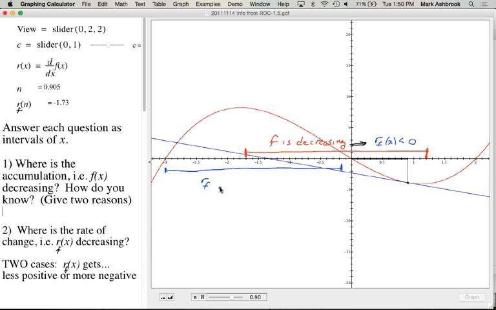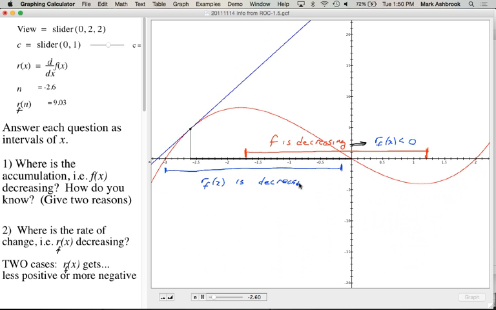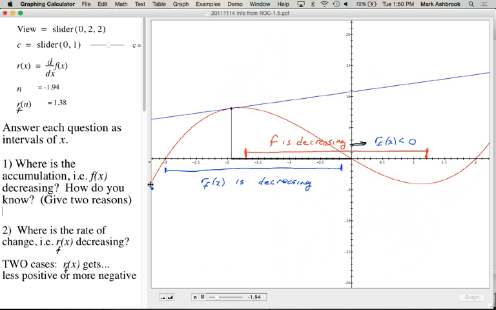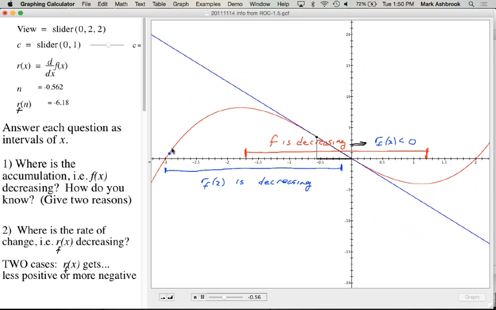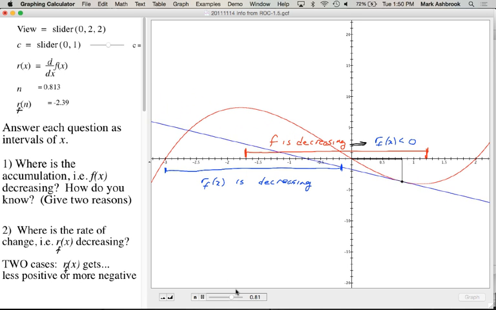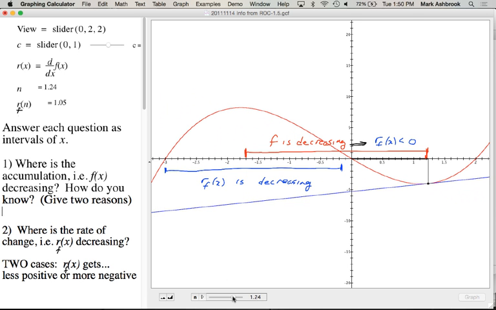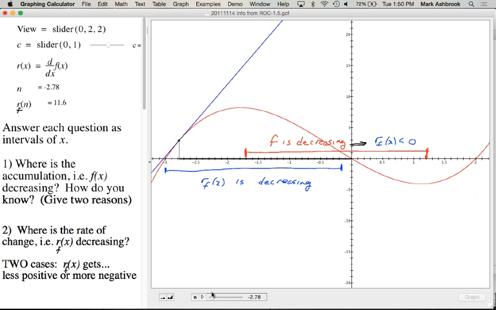And how could you tell that the rate was decreasing? Okay, so at the beginning part here, the rate is positive and becoming less positive, right? If the rate's positive, it means F is increasing. It means our accumulation is going up. We're actually truly accumulating, right?